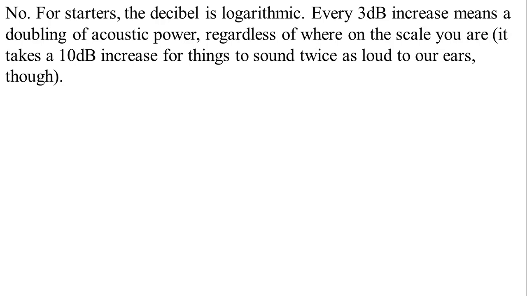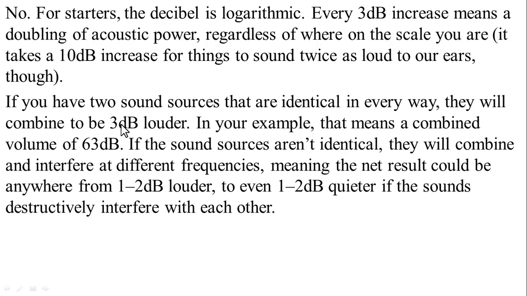Now, we can also say that if you have two sound sources that are identical in every way, they will combine to be 3 decibel louder. For example, combining the volume of 60 and 60 gives 63 decibel.